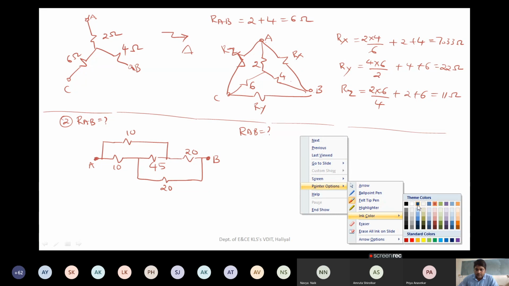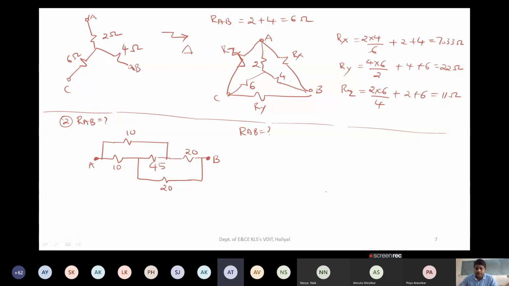Okay, so I request again, please mute yourself from your end. If I take 10 ohms, 10 ohms and 45, this will give me a star network. So I can have it like this, and I can calculate the things.